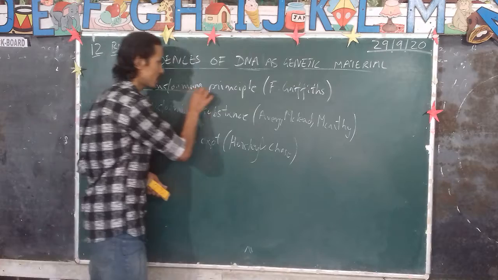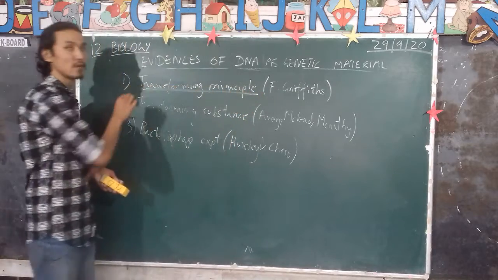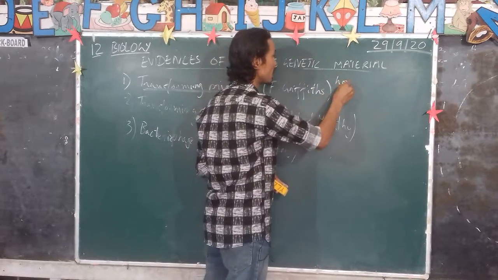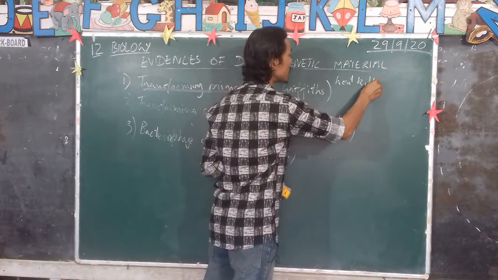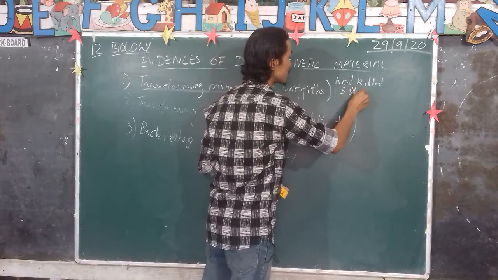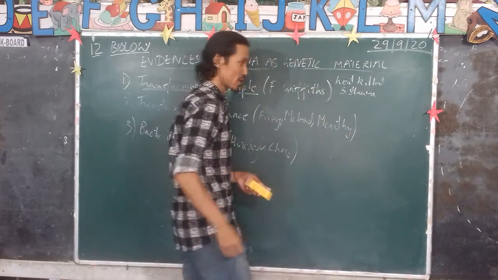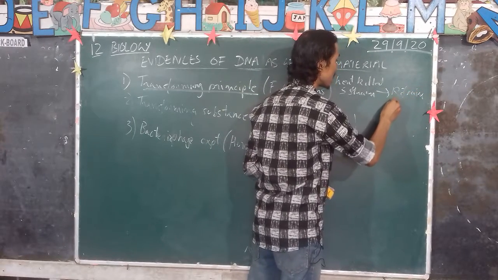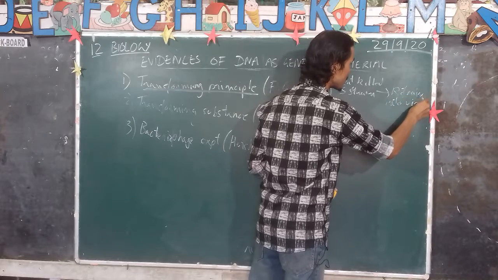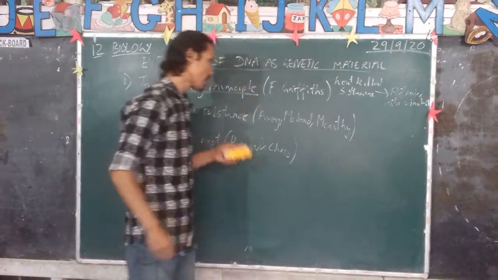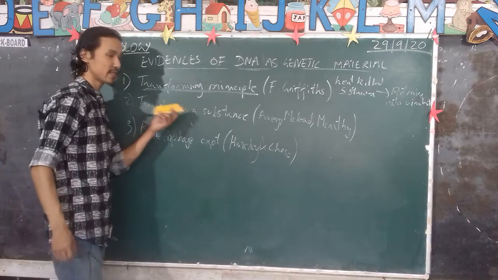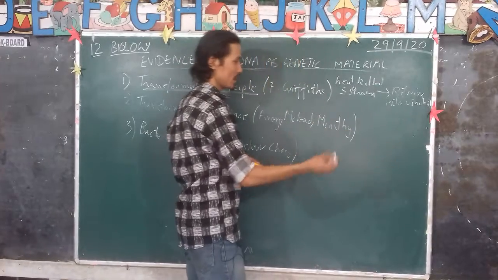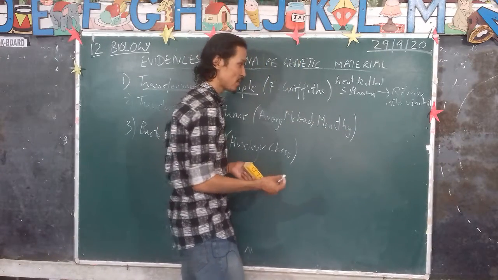The thing to remember is, in the transforming principle, it was not conclusive. They only concluded that something must be responsible in the heat killed S strain, which transformed the rough strain into a virulent form. From the next experiment, it was proved that DNA is the genetic material, because they performed the same experiment but slightly with the addition of different types of enzymes.